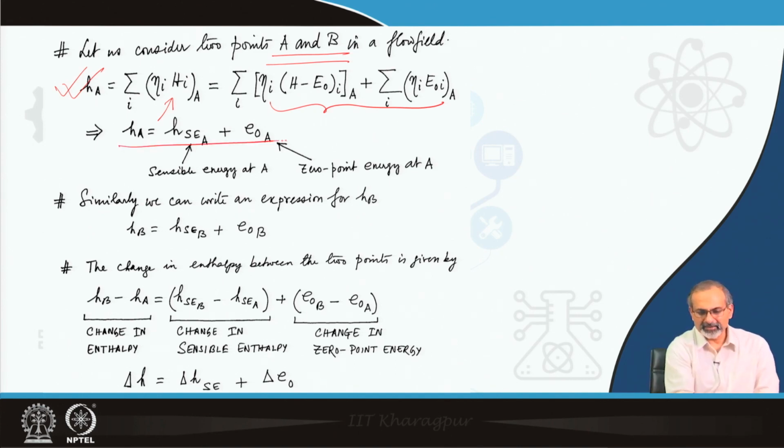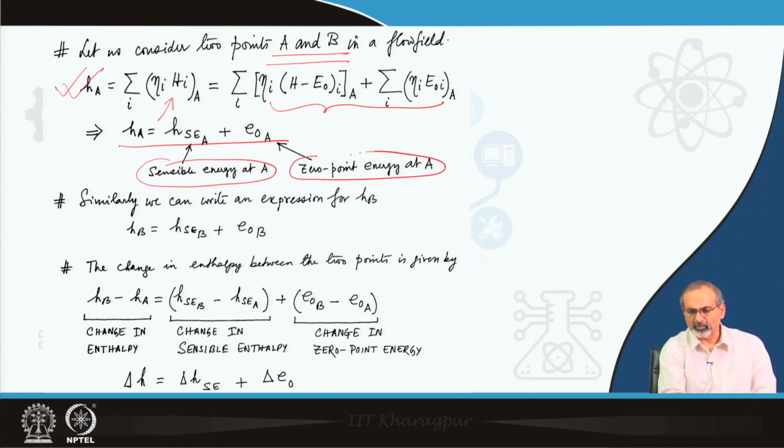So, we have segregated it into the sensible energy at A and the 0 point energy at A. The same process applies to the point B.